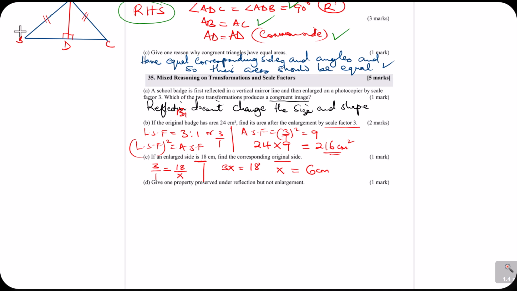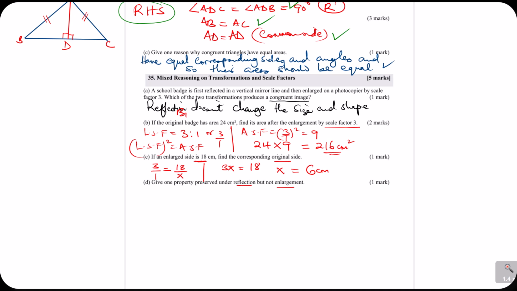Then the last question: give one property preserved under reflection but not enlargement. So you need to understand the difference between reflection and enlargement. Under reflection, the object and the image are of the same shape and size. Actually, a reflection produces the exact image as the object.